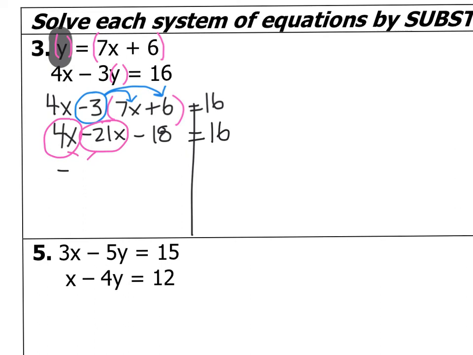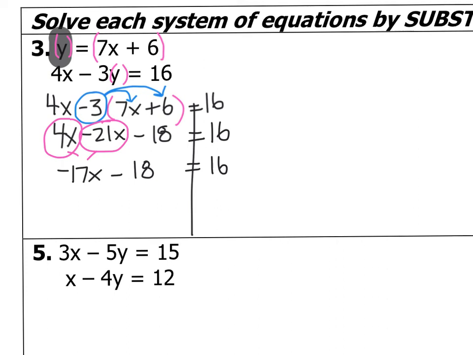And one way you can think about this is canceling out the negative 21. So I can count backwards and think, okay, negative 20, negative 19, negative 18, negative 17x. I had to count back 4. Negative 17x minus 18 equals 16.